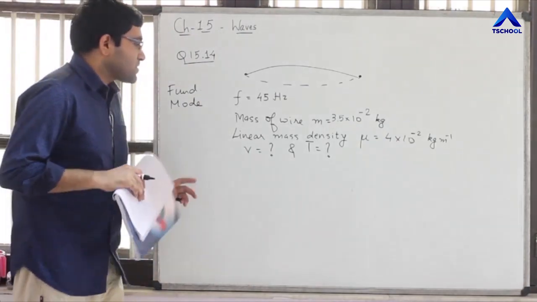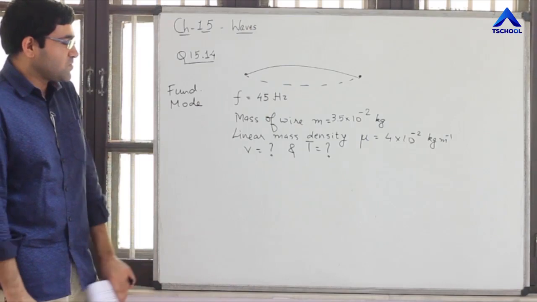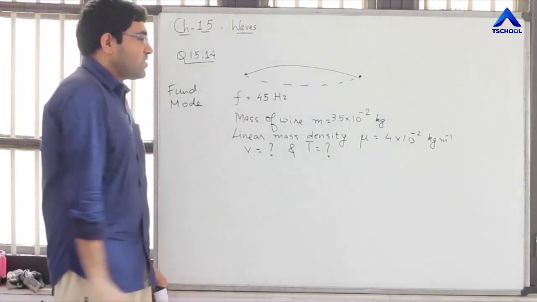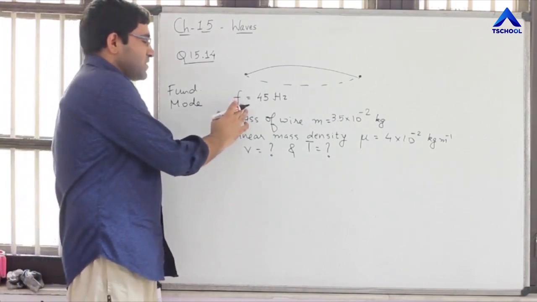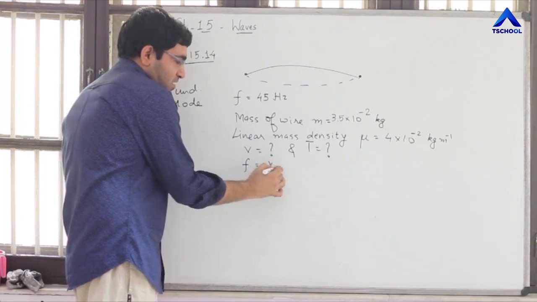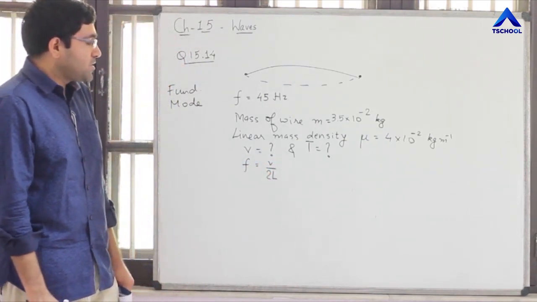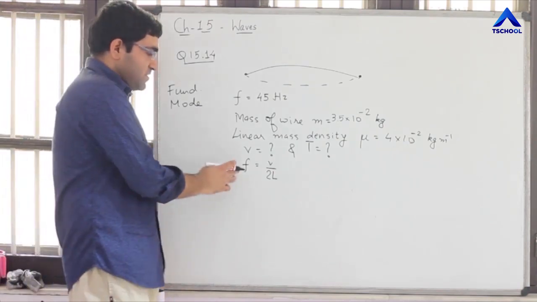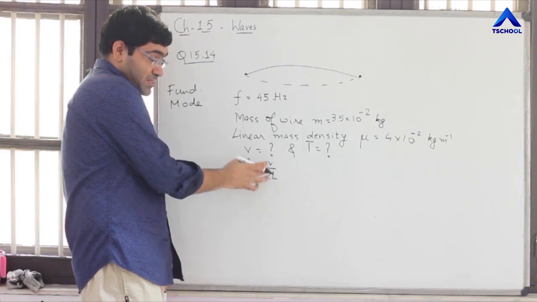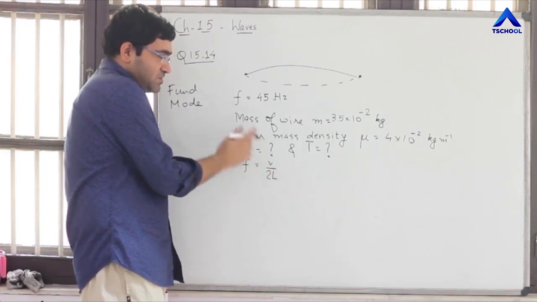Now if you figure out the relation between these things, I'm sure you won't have a problem. For example, try to recall the formula of the fundamental frequency. The fundamental frequency f is given by v by 2L for a stretched string. We know the value of f. We don't know the length, but there is a way to find out the length.